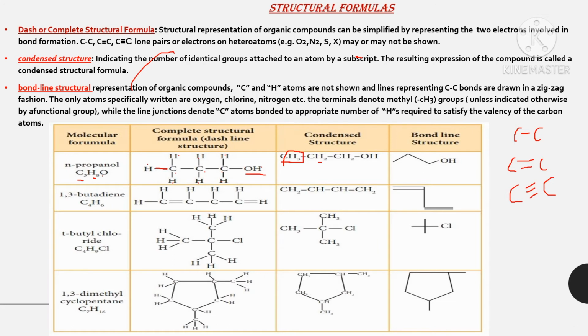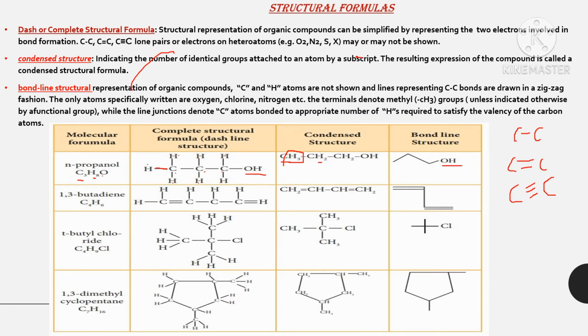So like that, this is the condensed structural formula. And the last one is bond line structures. Here hydrogens are not specifically mentioned, only the carbon-carbon bonds are shown in a zigzag fashion. But heteroatoms, like the OH group or methyl groups or any other atoms, are mentioned separately. This is the bond line structure.